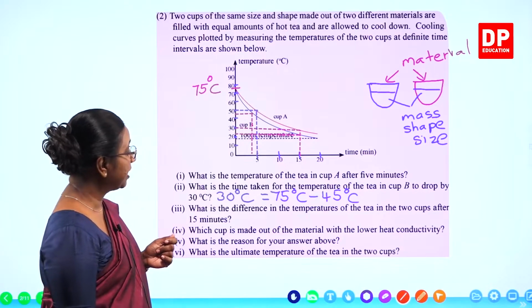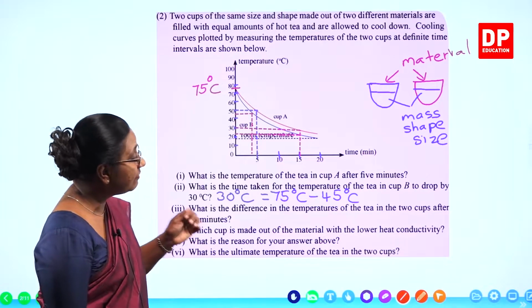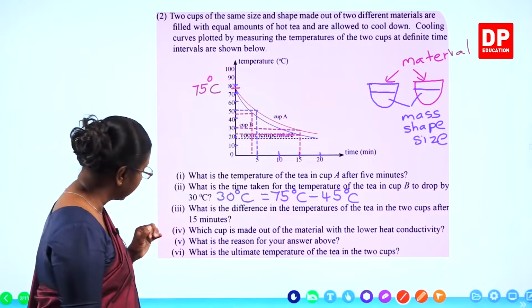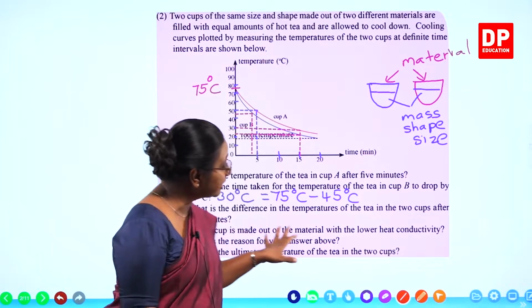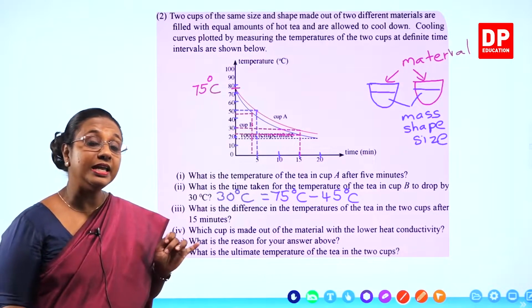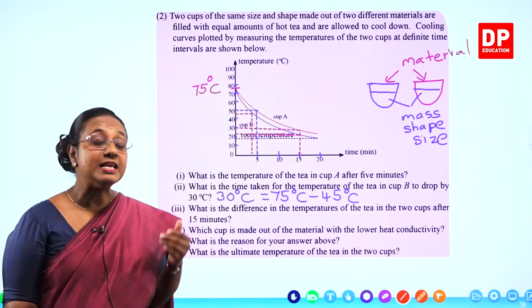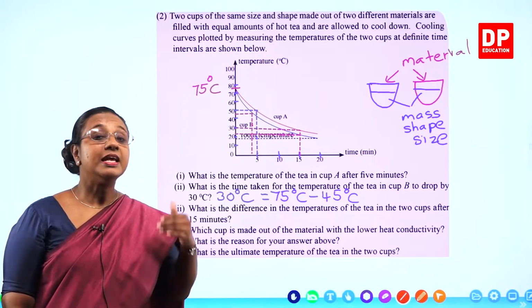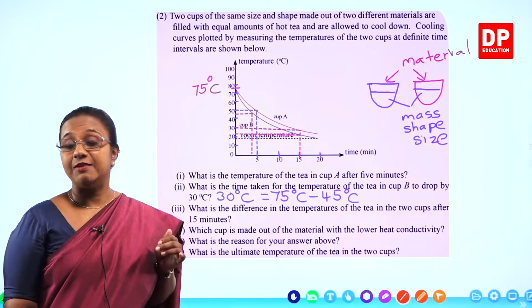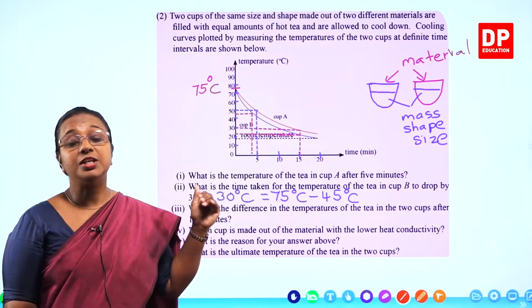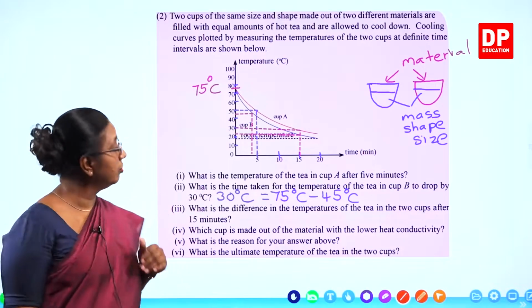Which cup is made out of the material with the lower heat conductivity? Less heat conductivity means it does not lose heat to the environment quickly. So it takes a longer time to cool down.